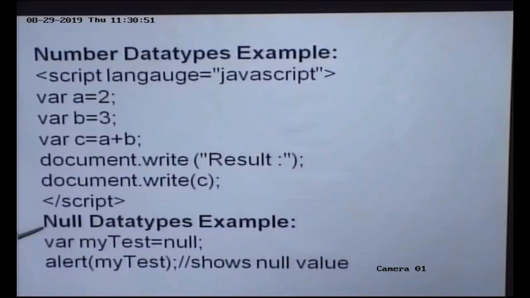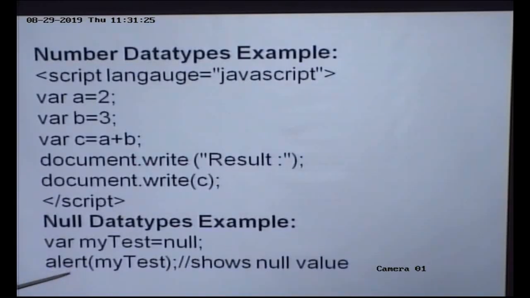Okay, so the next thing is the null data type example. Here we create a variable named my test, and the variable is assigned with the null type. If you want to display the variable value, which is null, you use the alert method.